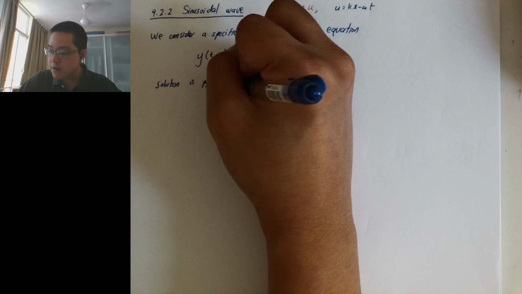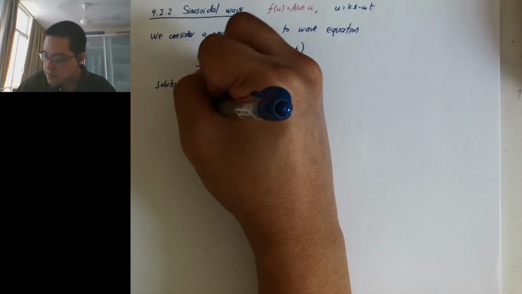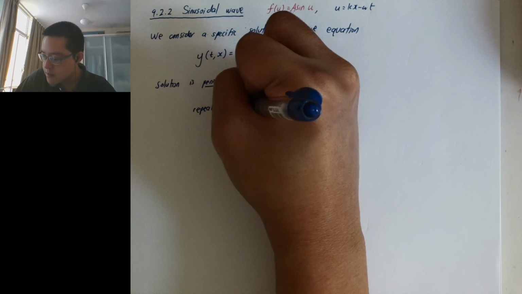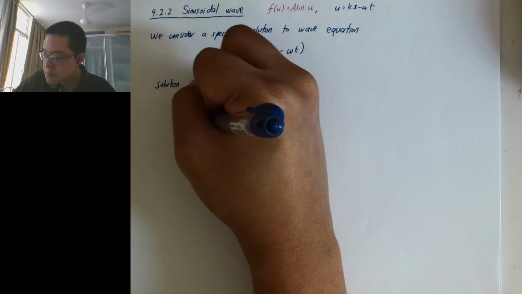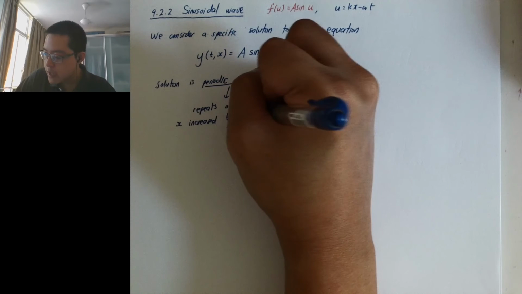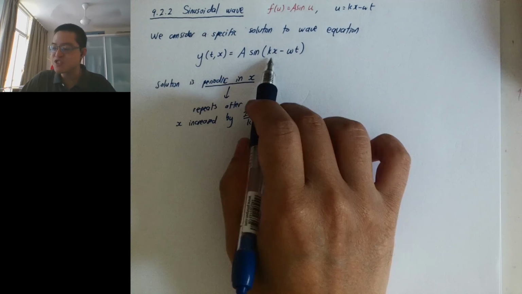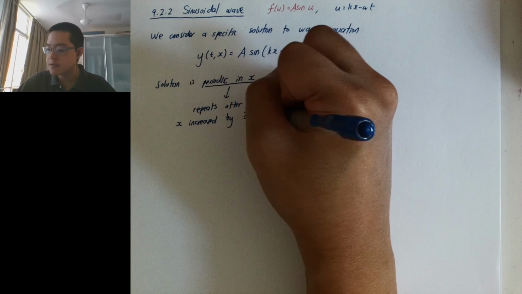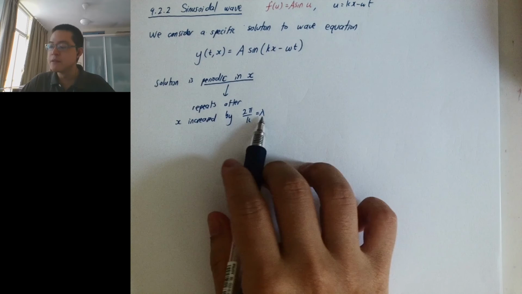So it repeats after x is increased by 2 pi over k. If this number increases by 2 pi over k, it will start to repeat, and this will become the wavelength.